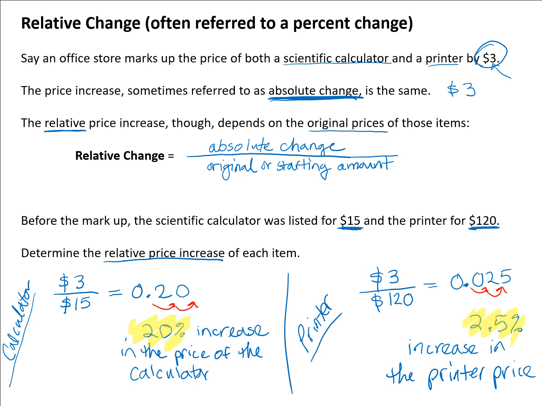So the calculator has increased much more relative to its starting amount than the printer has. As you might imagine, $3 for something that's already worth $100 isn't so big a deal, but $3 for something that only cost you $15 is going to be a big deal. So that's why we often look at relative change.